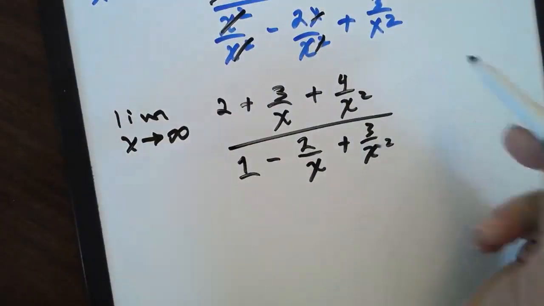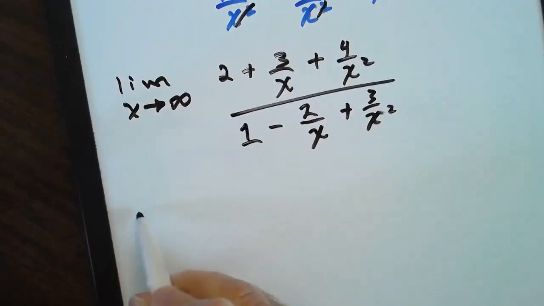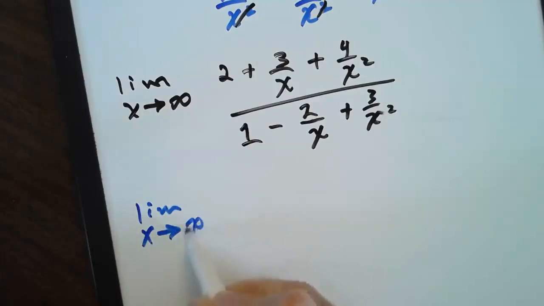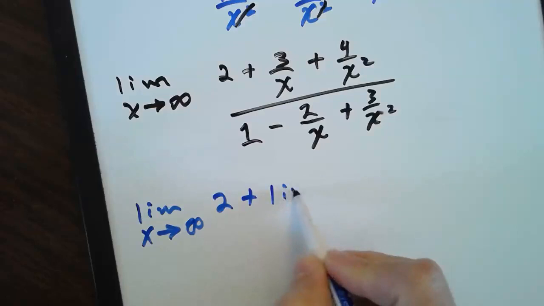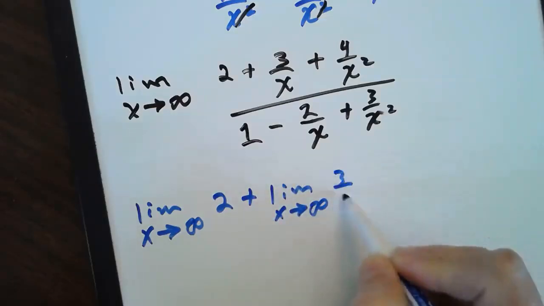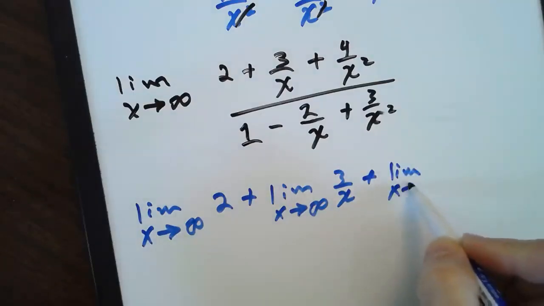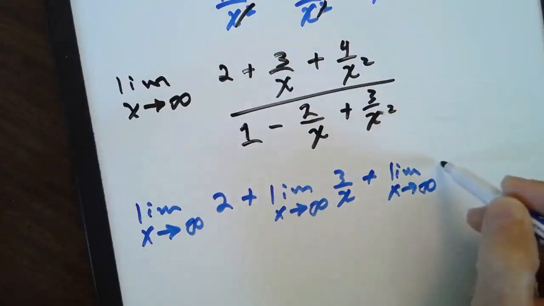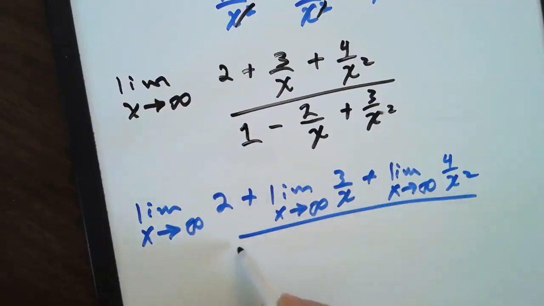So now we can apply the limit to each one. The limit as x tends towards infinity of 2, plus the limit as x tends towards infinity of 3 over x, plus the limit as x tends towards infinity of 4 over x squared, over.